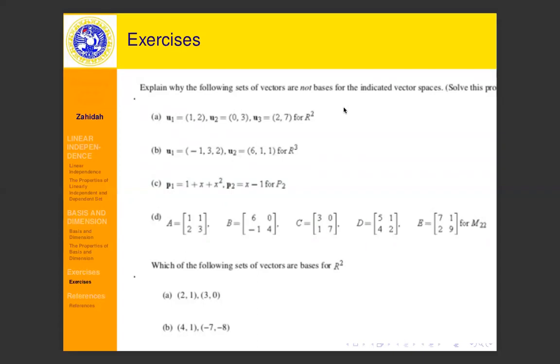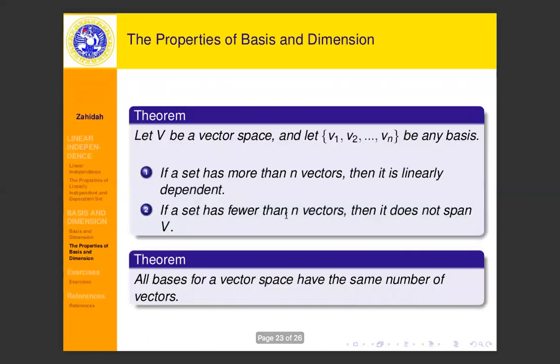Why? It means it doesn't hold one of the 2 conditions of a basis, right? Doesn't span or not linearly independent. Which one? Not linearly independent, yes, because we have 3 vectors here.